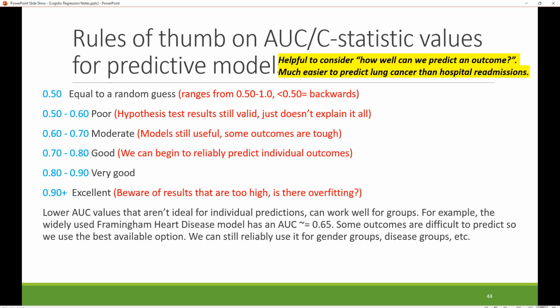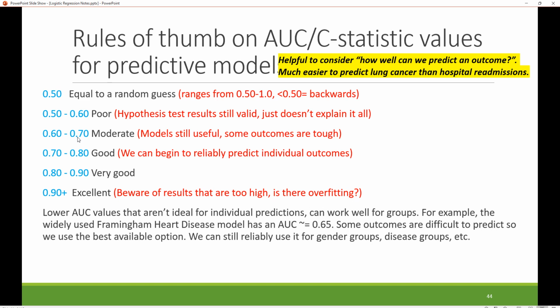Values between 0.5 and 0.6 indicate a poor value. Hypothesis test results are still valid. It just doesn't explain it all. There are other things out there that we're missing. For example, with the lung cancer one, we probably were. It probably would have helped if we had information about females' passive smoking.